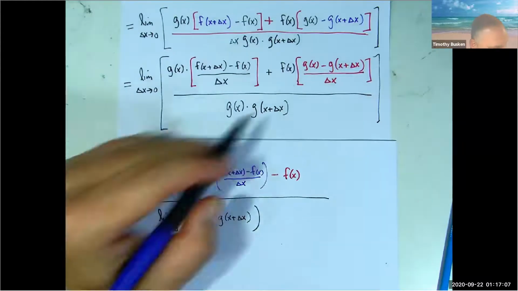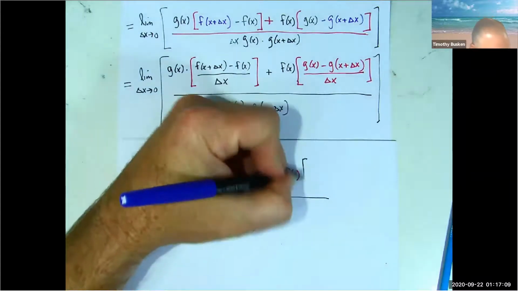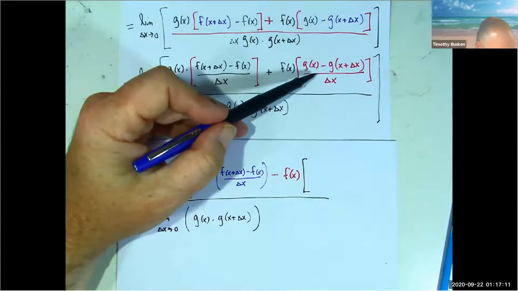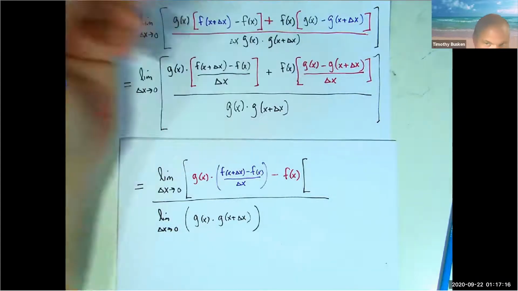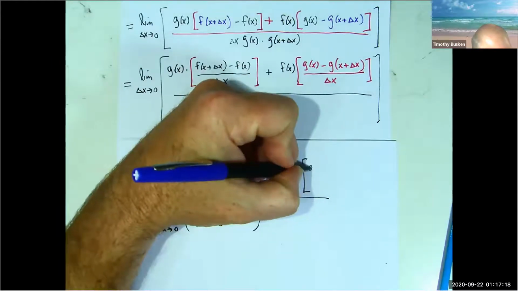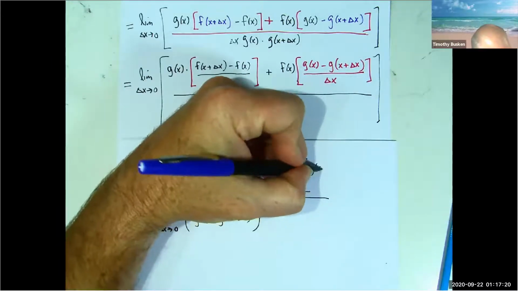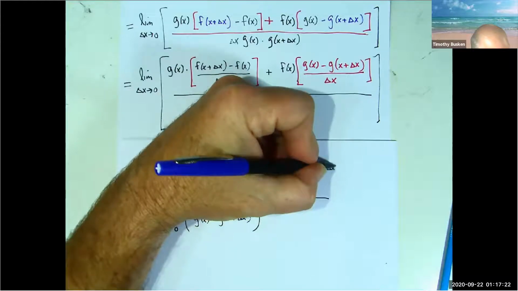Okay, and then what's in these red brackets now? I can write it negative g of x plus delta x, or I can write it like this using the commutative property of addition and the definition of subtraction.